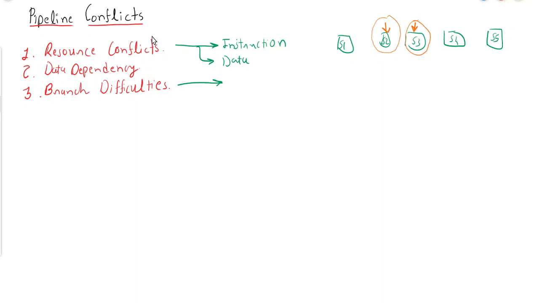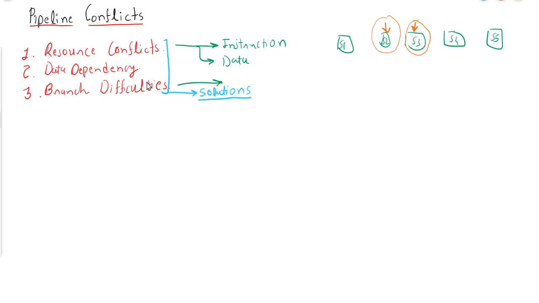So that will be the part of branch difficulty. Now we will try to find out the solutions for this: solutions for resource conflict, solution for data dependency, and solution for branch difficulty.